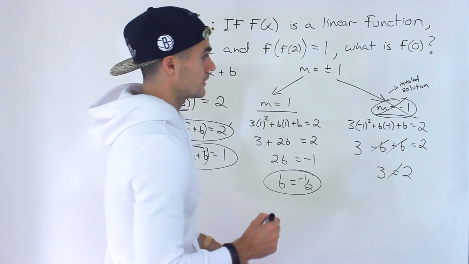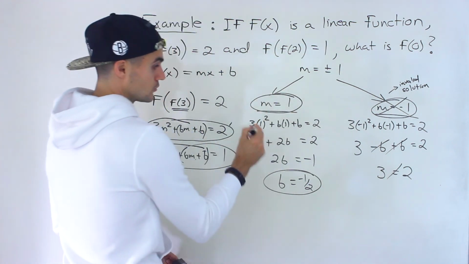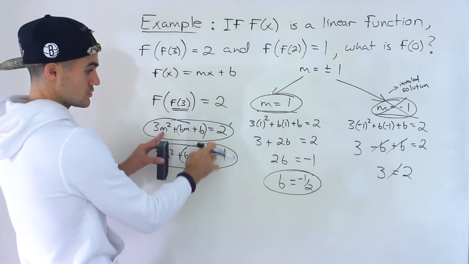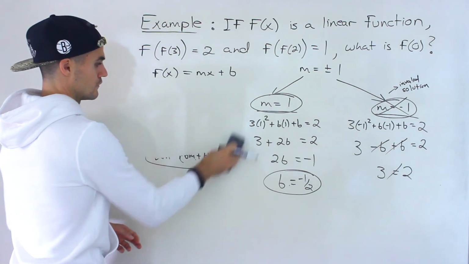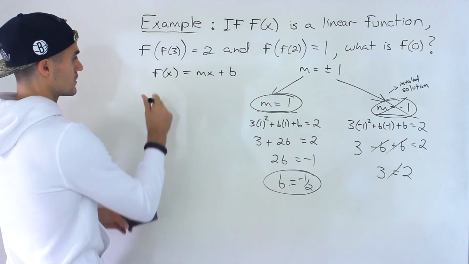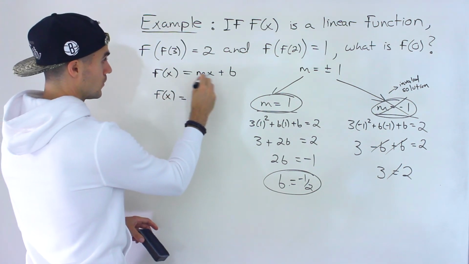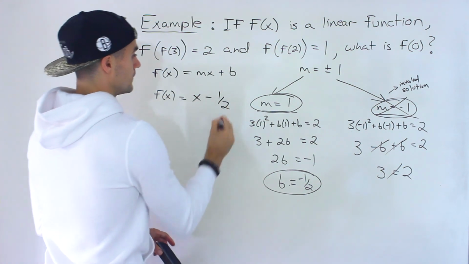So m equaling -1 isn't going to work out, so the only solution is m is equal to 1 and b is equal to -1/2 from these two equations here. And now that we have those, we have the line. Notice we'll have f of x equaling, the slope is 1, so 1 times x is just x, and then the b value is -1/2.